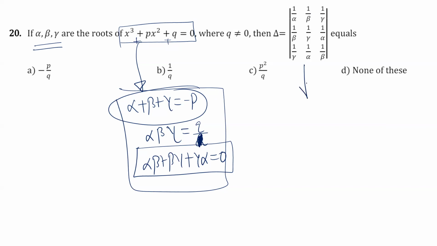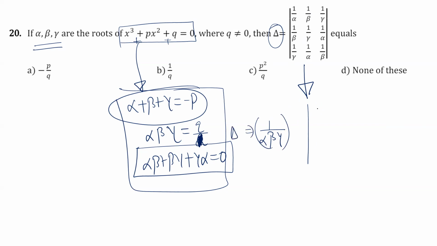So from there, here we have to find the determinant value of this. You can take 1 by alpha, 1 by beta, 1 by gamma. Or better, if you multiply by alpha, beta, gamma inside and outside also. So outside you multiply by alpha, beta, gamma, and inside you multiply the numerator value.